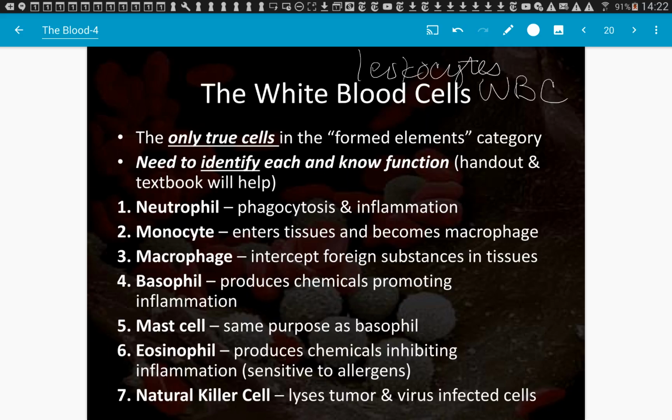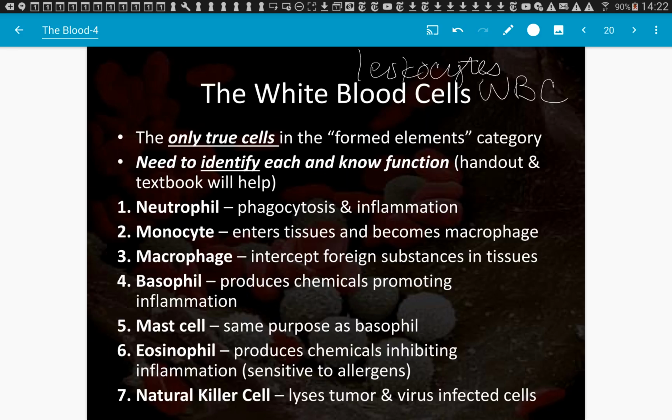They are able to pass through the capillary walls into the tissues, which is called immunological surveillance. They move throughout the tissues looking for infected cells, old cells that need to be recycled, or pathogens, and then they engulf them by phagocytosis and break them down.